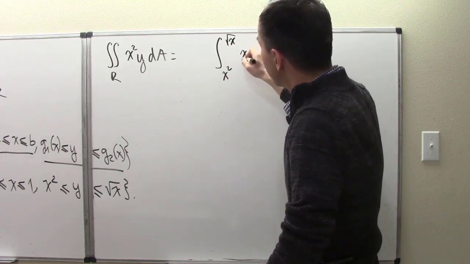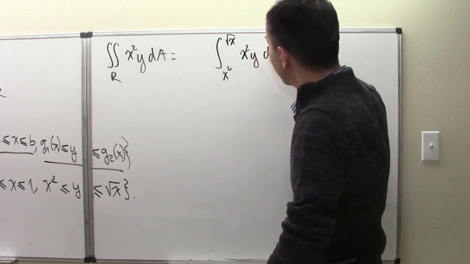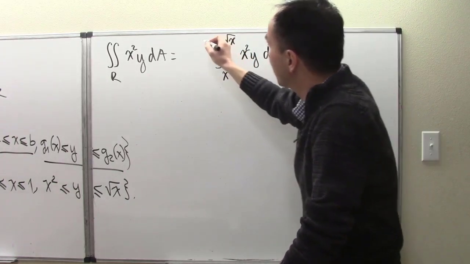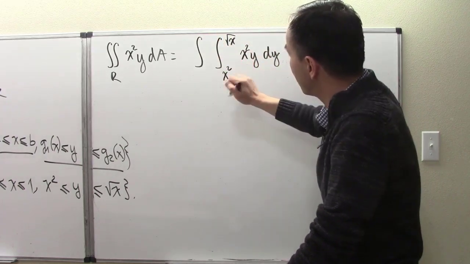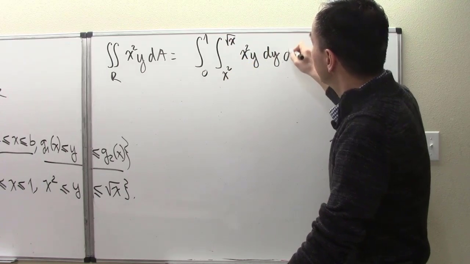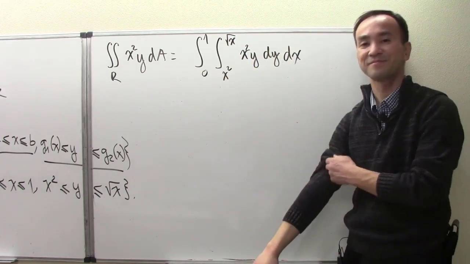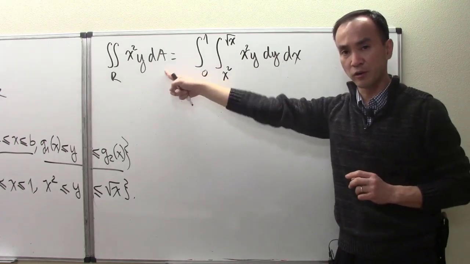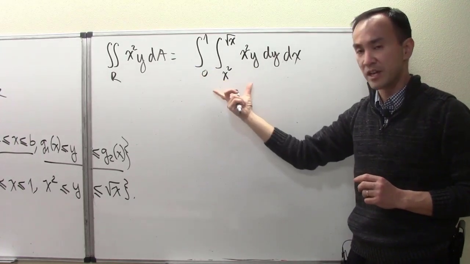The function here is x squared y, and I have to integrate it with respect to y first. And then whatever outcome comes out from this, I'm going to integrate again from 0 to 1 with respect to x. That's how we set up our double integral into a set of iterated integrals.